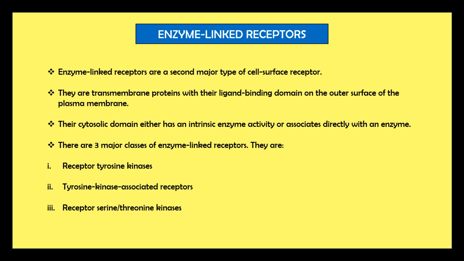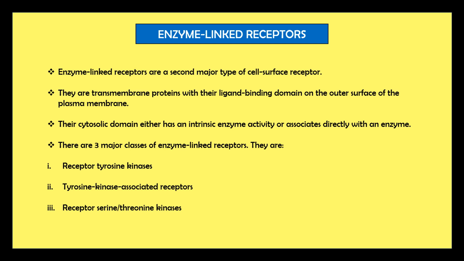But instead of having a cytosolic domain that associates with the trimeric G protein, the cytosolic domain of these enzyme linked receptors either has intrinsic enzyme activity or associates directly with an enzyme. So this is the difference between GPCR and enzyme linked receptor.